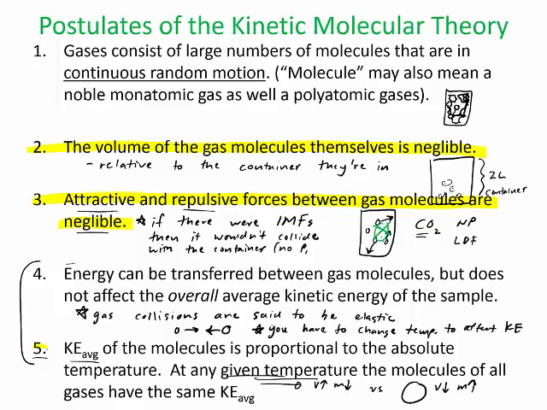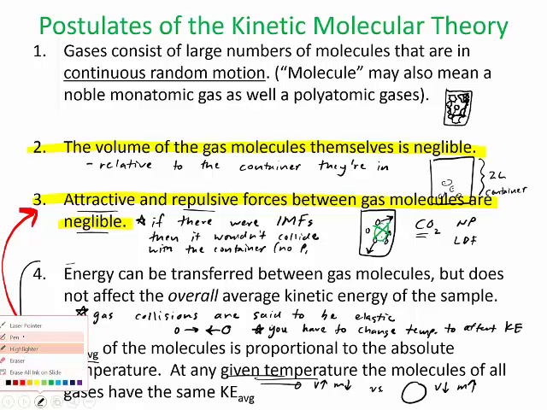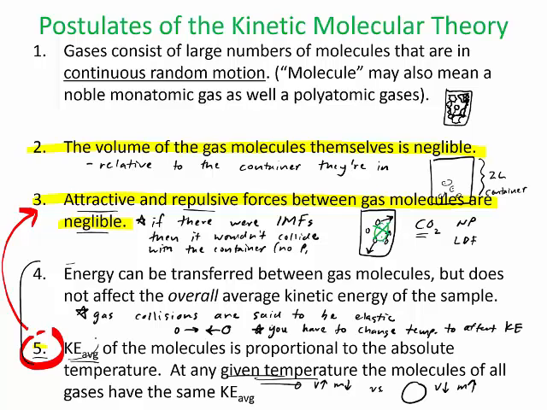If you start changing the temperature of a gas, the molecules will start to move slower, and if they move slower, they have more of a chance to have attractive forces.